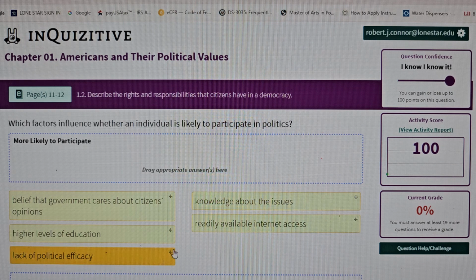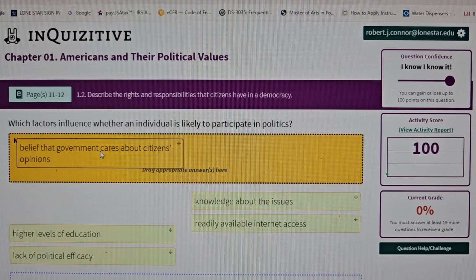Okay? Then knowledge about the issues, readily available internet access. Okay? Which factors? So it's more than one. Okay, so more likely to participate. Okay, what about this one? That the government cares about citizens' opinion. You think that that causes people to be more likely to participate in politics or less likely?